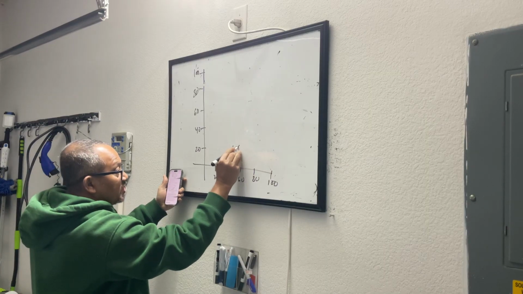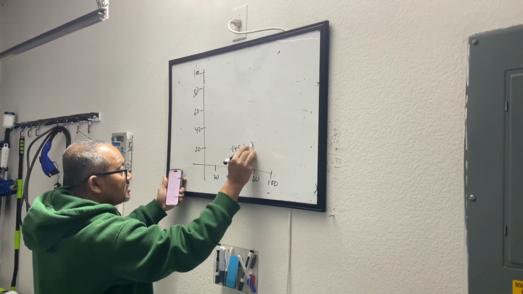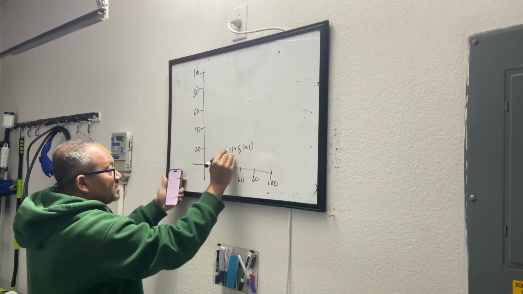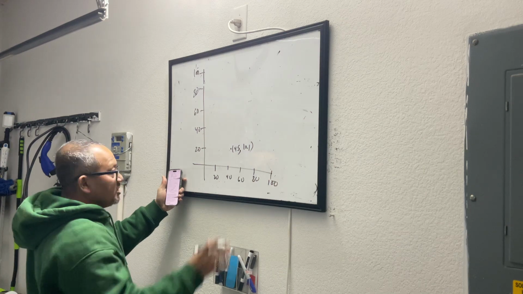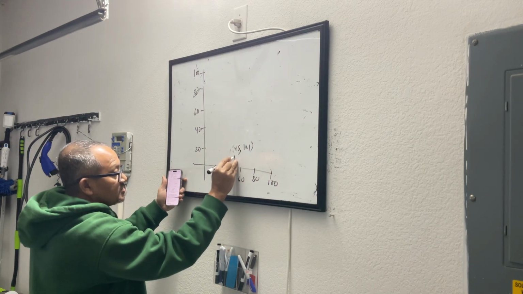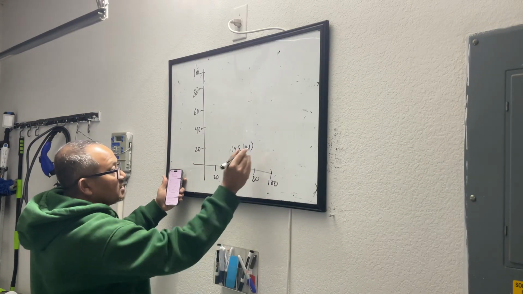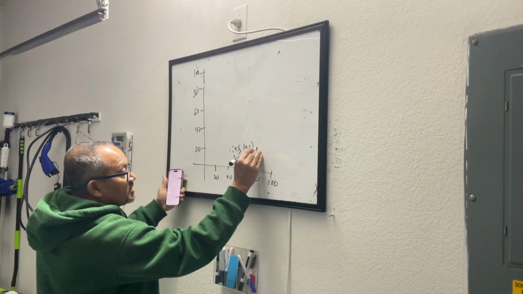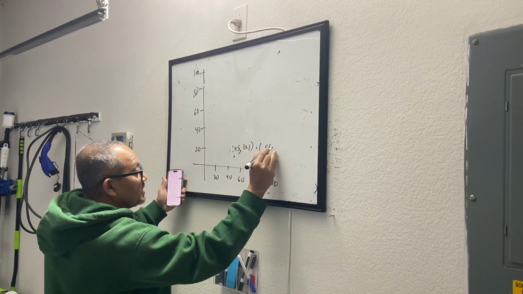This point is 45, 10.1. This is the point. Okay, maybe not here. Let's say the point is here. And the second point is here. The coordinates are 55.